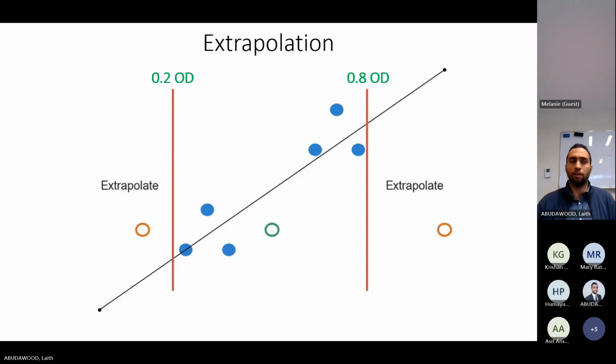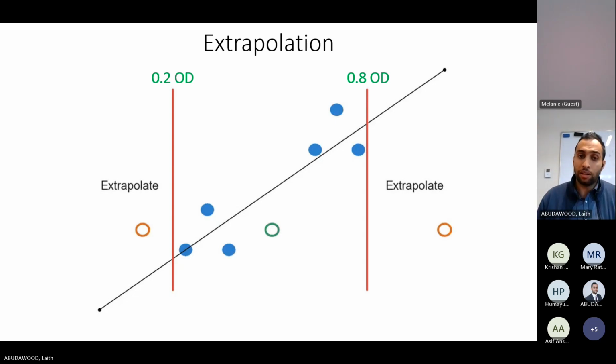Let's say, for example, again, D-dimer. If I got 0.4 optical density for D-dimer, let's say it correlates with 2 micrograms. Now, if I have optical density less than 0.2 or higher than 0.8, I simply did not give the analyzer any instructions on what to do.